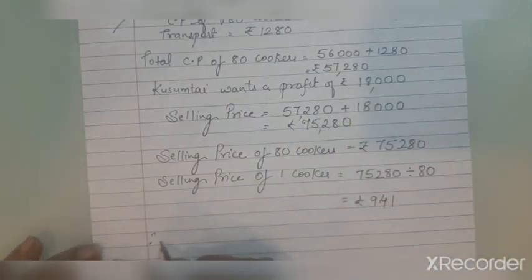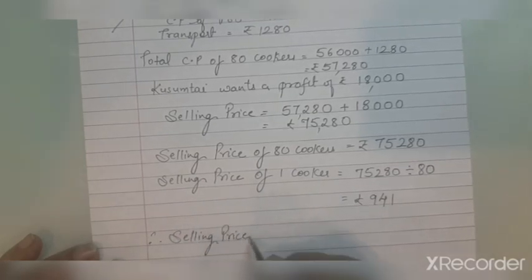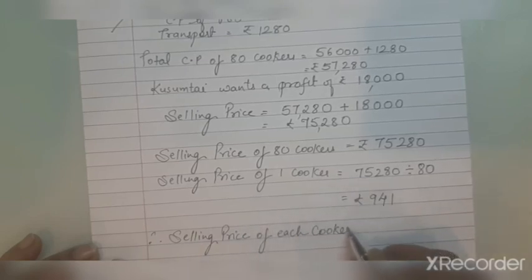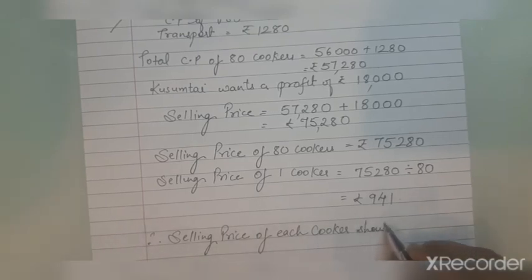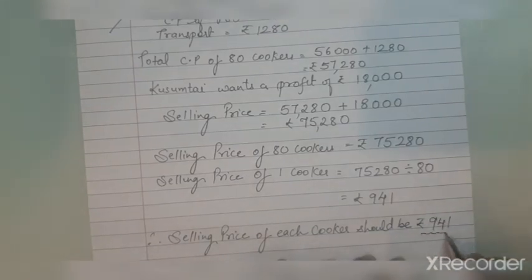Therefore, the selling price of each cooker should be rupees 941.